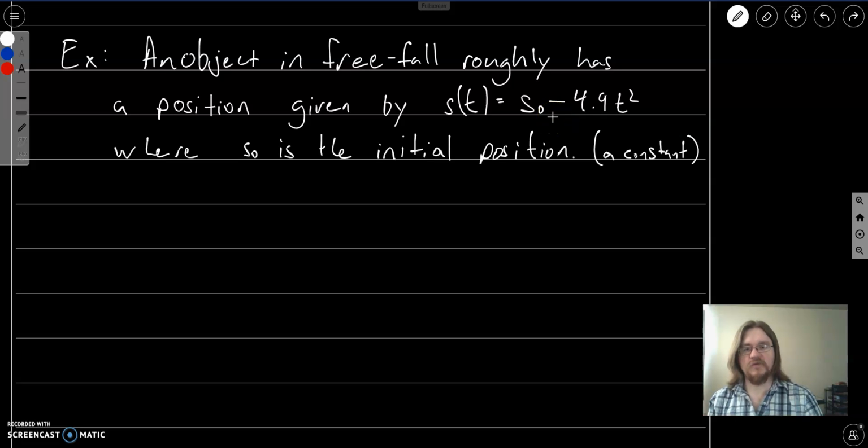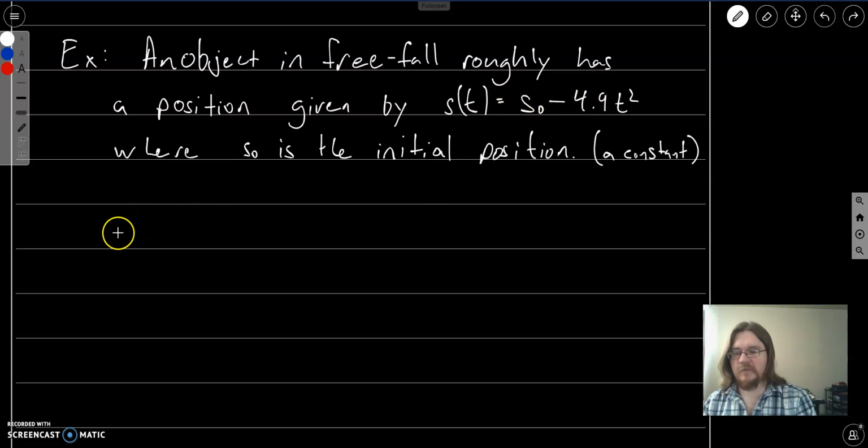It's not as if you've been thrown up in the air or thrown down toward the ground. You've just been suspended and then let go. So we have no initial velocity, but we do have some initial position, and our position we would assume decreases over time.